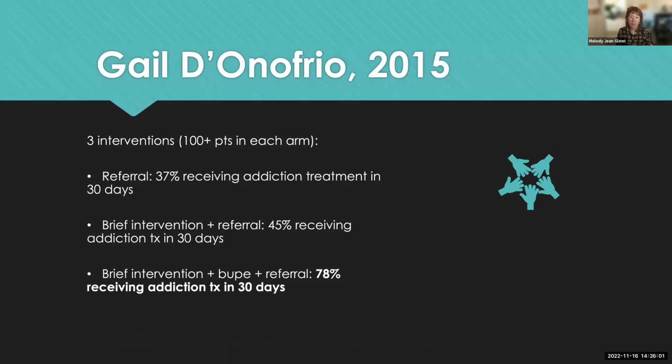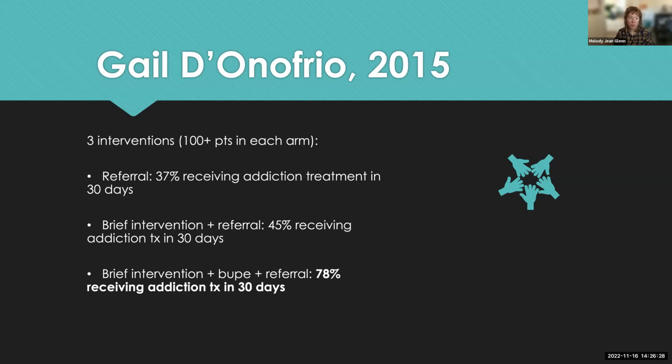Here's the landmark study for studying buprenorphine in the emergency department. Gail D'Onofrio, the former chair of the emergency department at Yale, randomized patients to either just getting a referral, so, hey, here's your referral, follow up with them, or SBIRT, which is a term used in addiction but not really frequently used in emergency medicine. You screen, you do a brief intervention, and you refer to treatment, or you do those things plus you give Bupe.